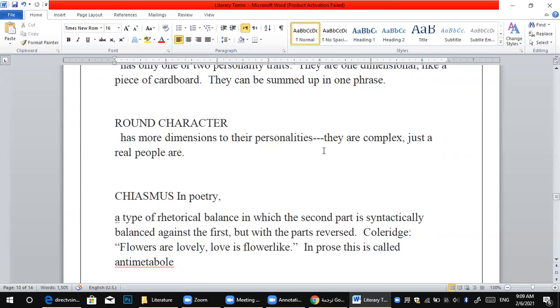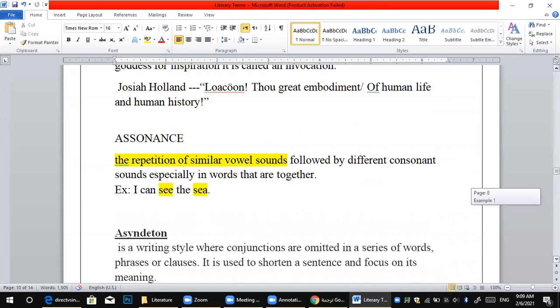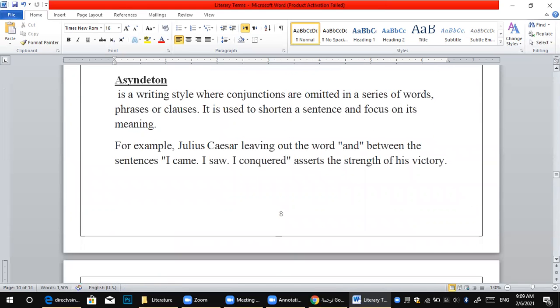Now let's make a quick revision. The first one today is called asyndeton. Asyndeton means that two or many sentences are joined with the conjunction removed. I removed the conjunction.